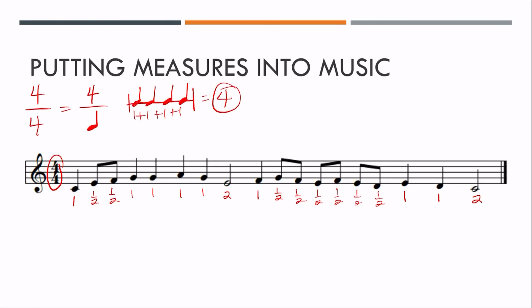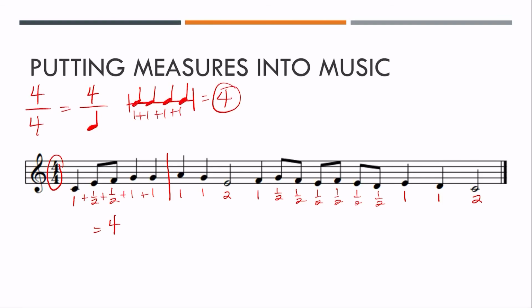Okay, so now that we got that all done, we're remembering that we're looking for a minimum and maximum of 4 beats. We start here. 1 plus half is 1.5, plus half is 2, plus 1 is 3, plus 1 is 4. So that's it.